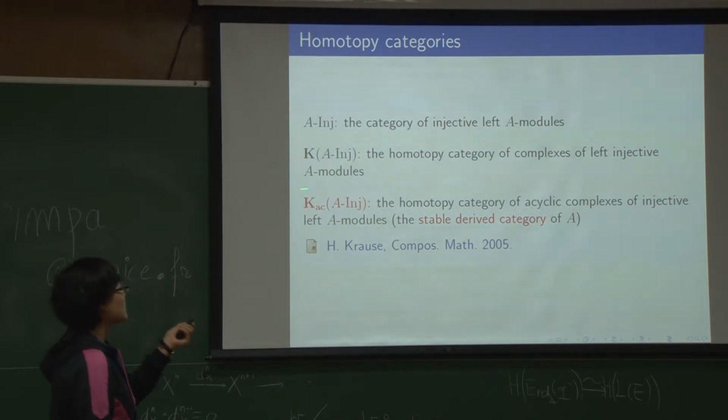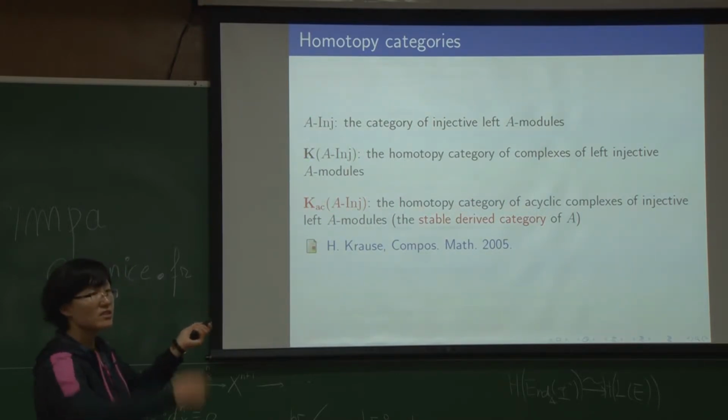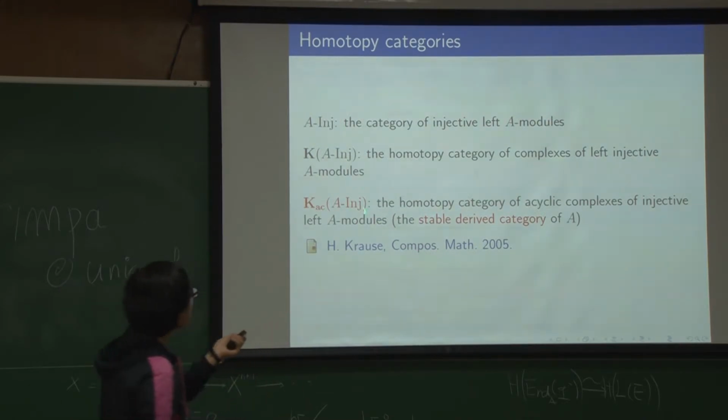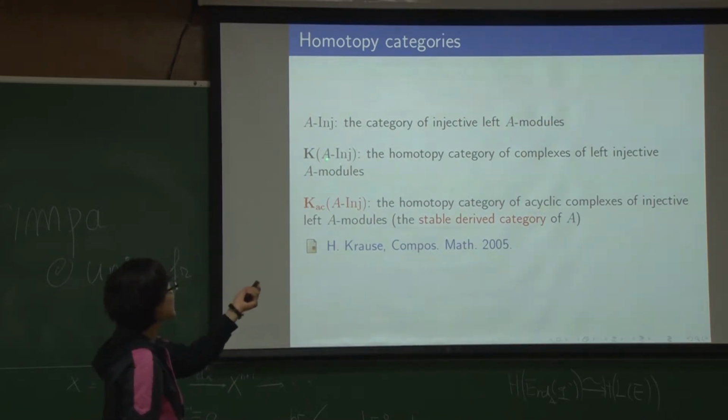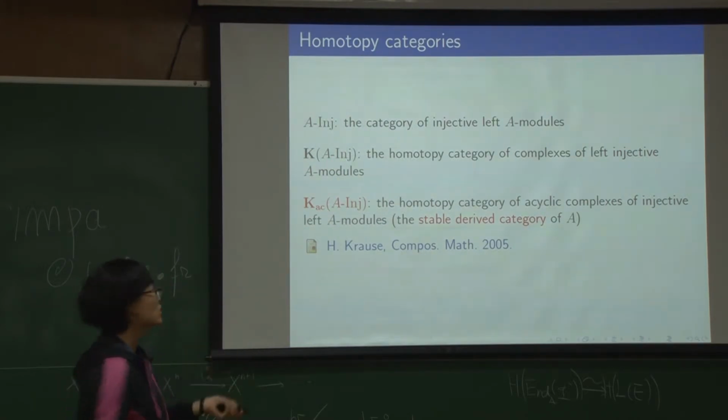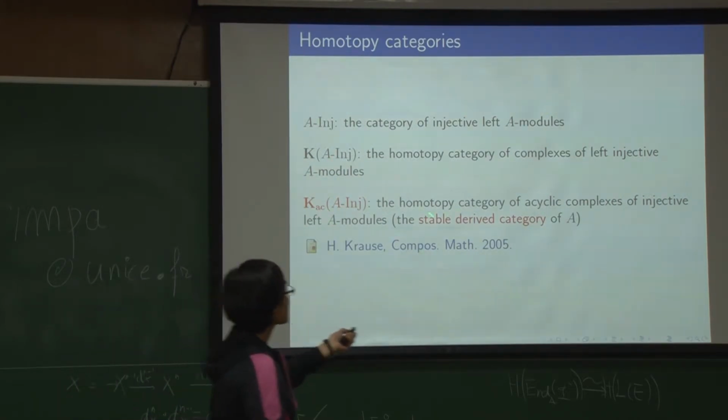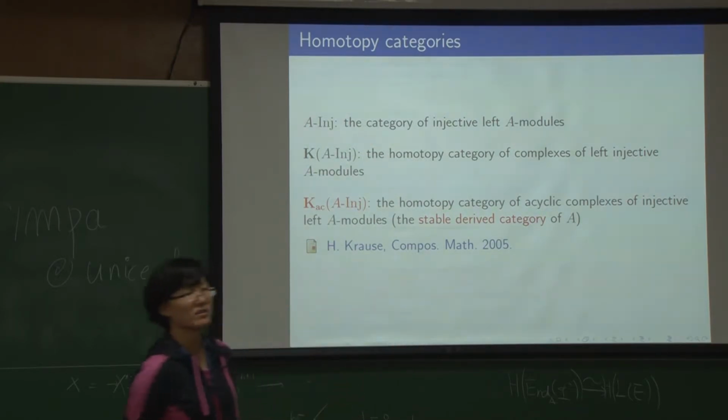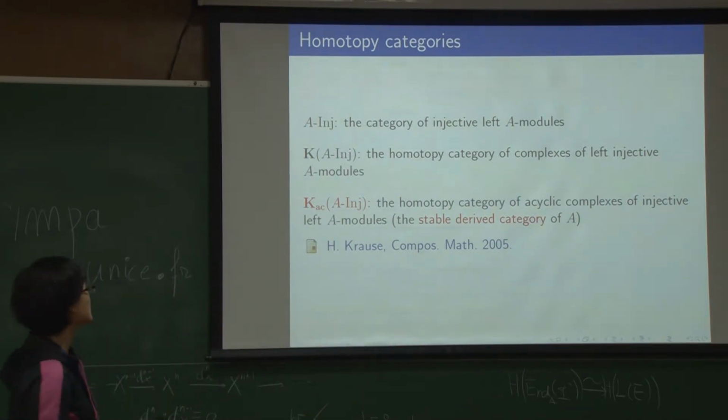And this category is a subcategory of K(Inj A). It consists of those objects which are acyclic. So this category consists of all these acyclic complexes of injective modules.